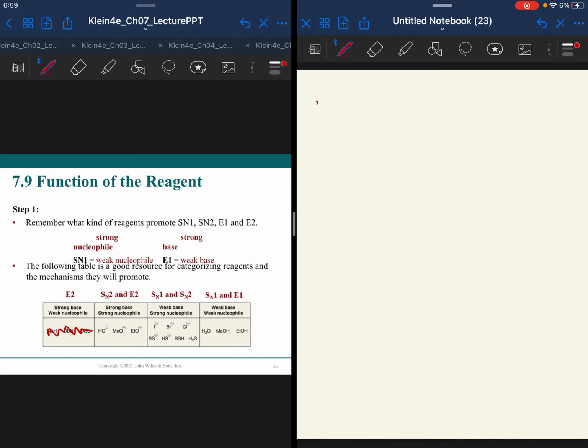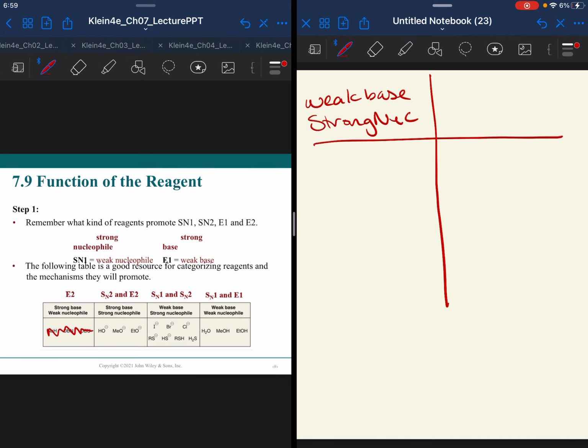The next category is the weak base, strong nucleophile. We haven't really talked about this category much. What constitutes a strong nucleophile but a weak base? Our iodide, chloride, and bromide ions are big components of this category.